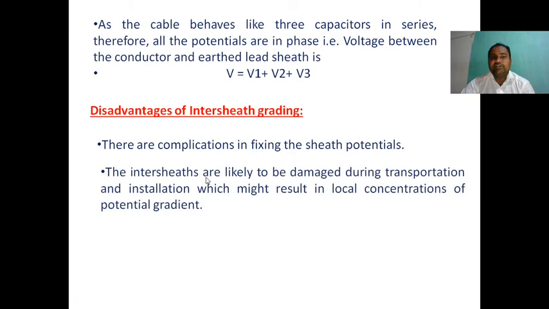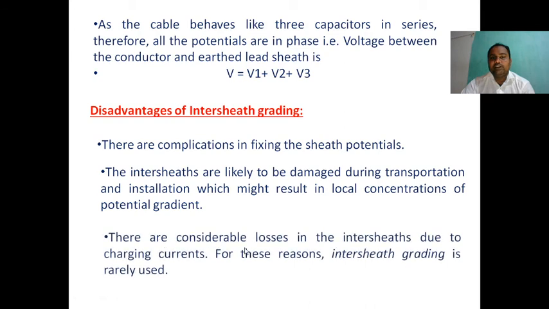The intersheaths are likely to be damaged during transportation and installation, which might result in local concentration of potential gradient. There are also considerable losses in the intersheath due to charging currents. For these reasons, intersheath grading is rarely used.